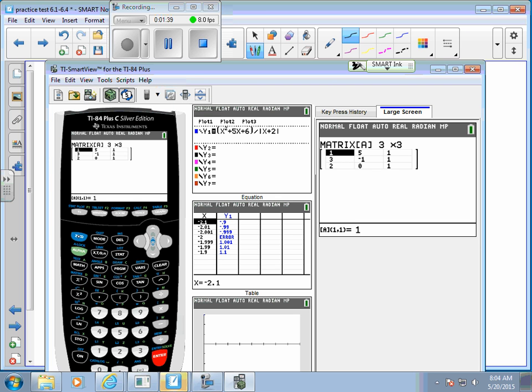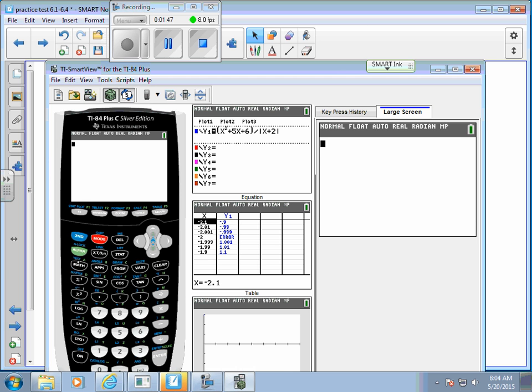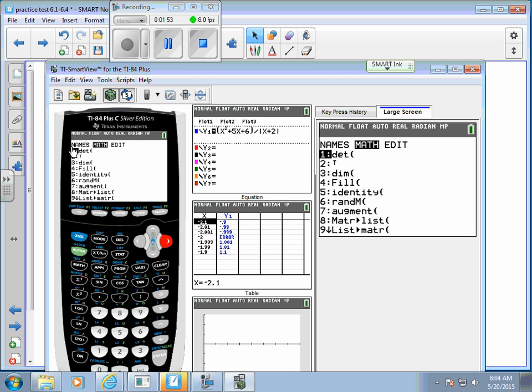So I'm going to get out of there. I'm going to get back into matrix, and I'm going to do some math. And this first one says determinant. D-E-T means determinant.